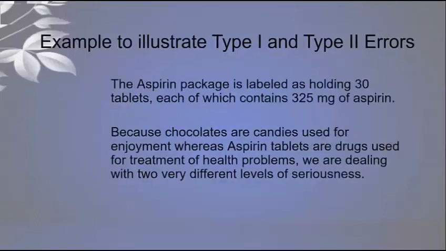The aspirin package is labeled as holding 30 tablets, each of which contain 325 milligrams of aspirin. Because chocolates are candies used for enjoyment, whereas aspirin tablets are drugs used for treatment of health problems, we are dealing with two very different levels of seriousness.